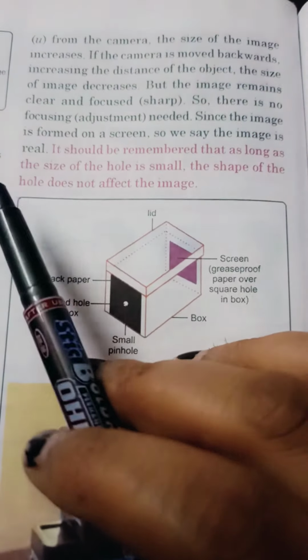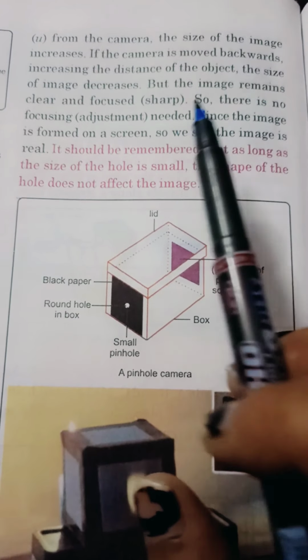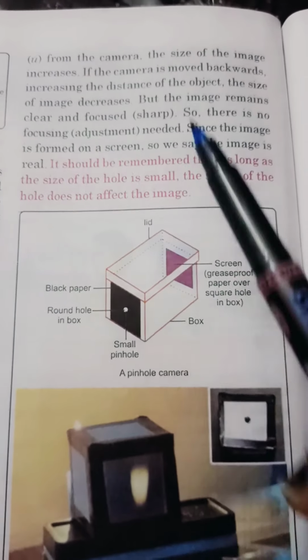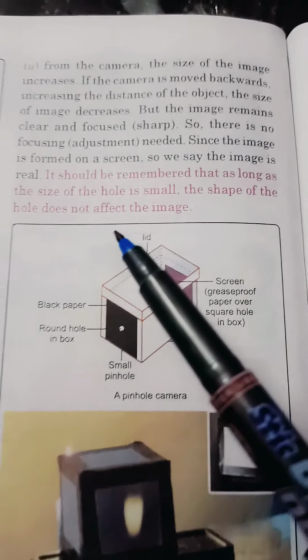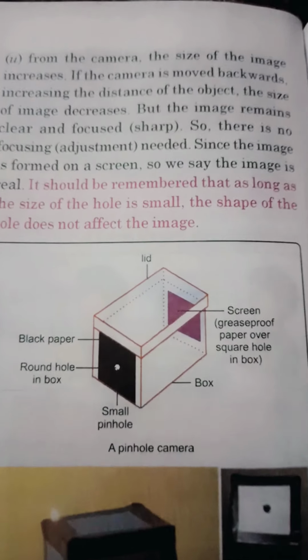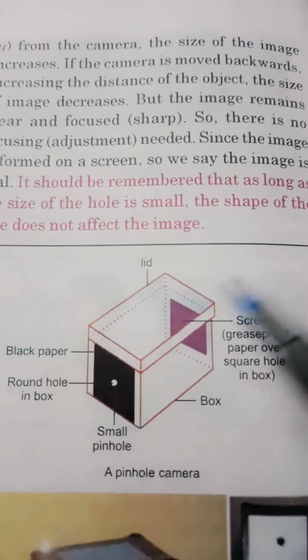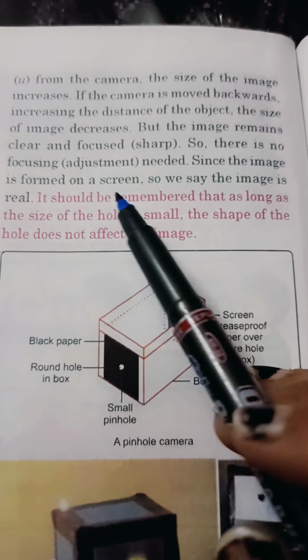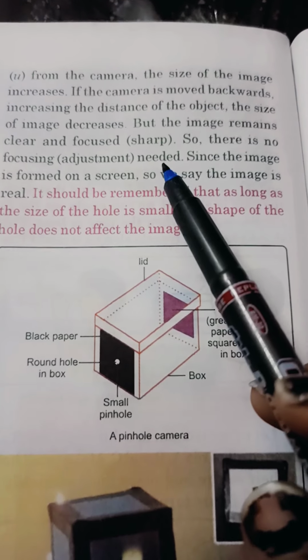So there are no focusing adjustments needed. Now see, in our camera, which I am using over here, it is becoming a bit blurry, but when I focus it, it becomes clear. But in a pinhole camera, focusing or adjustments are not needed, okay.